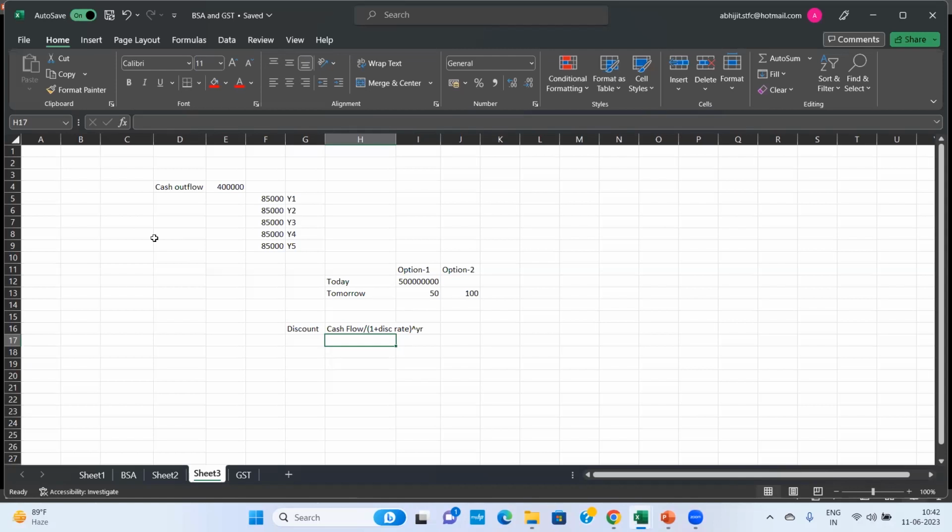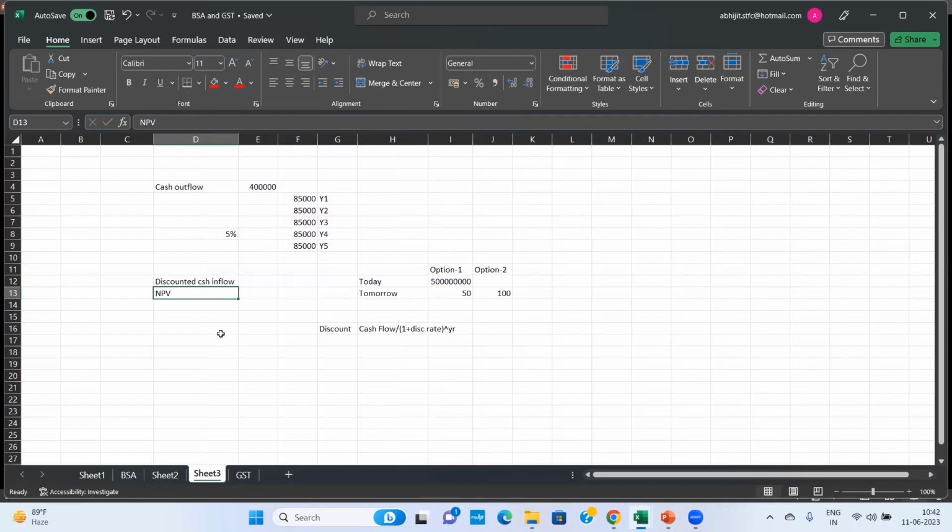Now, say I consider a discount rate of 5%. Can you find out what is the NPV here? Or find out what is the discounted. First step is find out what is the discounted cash outflow, sorry, inflow. And then you find the net present value.